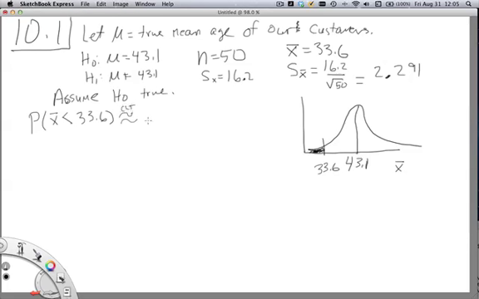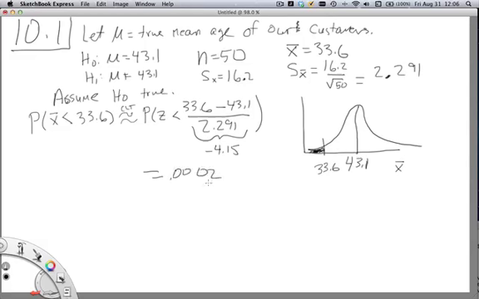So from the central limit theorem, I can say that this is approximately equal to the chance of me having a Z less than 33.6 minus the mean, 43.1, divided by the standard deviation of X bar, which I estimate with the standard error, 2.291. And this quotient is minus 4.15. If you type in NORM.S.DIST, enter minus 4.15, what you'll find is 0.00002. So that's the area in this tail.